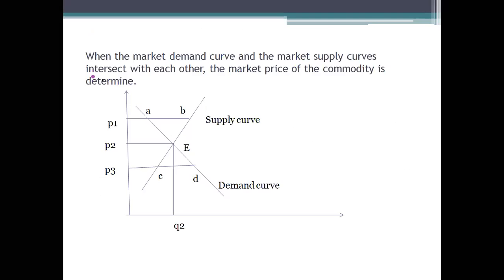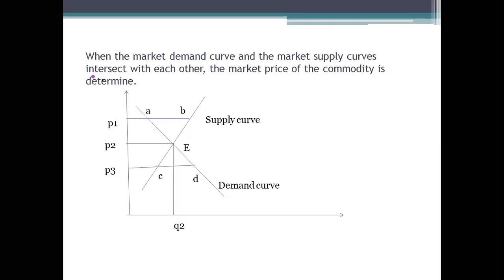Okay. So this is the next slide. This is how we will determine the market price. First see the lines. When the market demand curve and market supply curve intersect with each other, the market price of a commodity is determined. Already we know that.